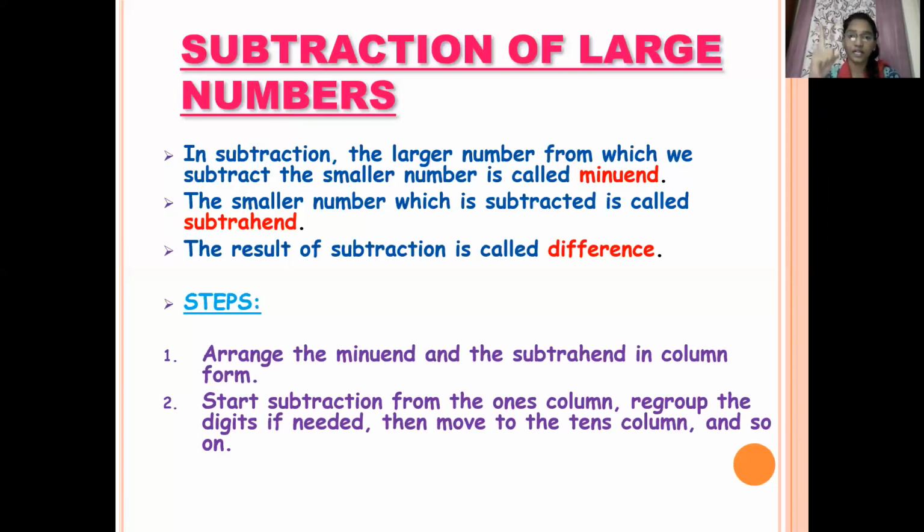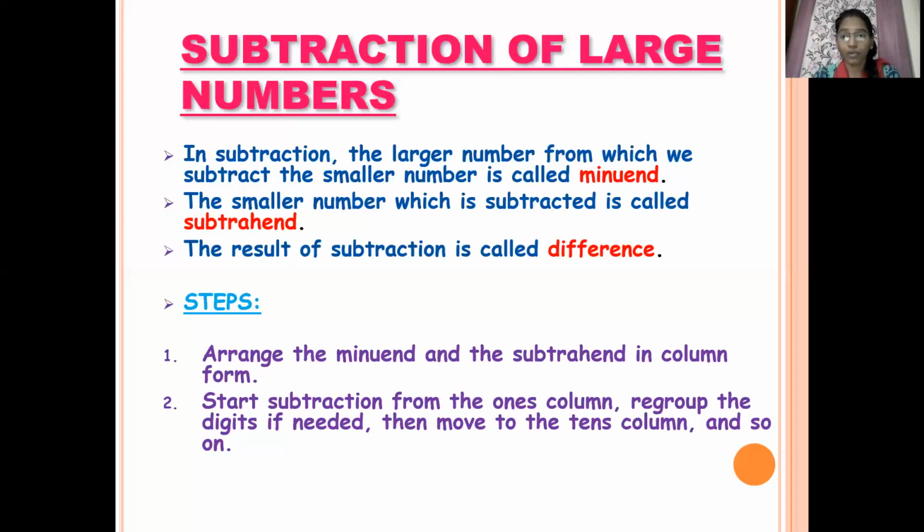This is how you perform subtraction. You will first arrange the numbers in column form. The first number, the larger number, is the minuend. The second number, the smaller number, is called subtrahend. These two you will arrange in column form. Then you will start subtracting from ones place.